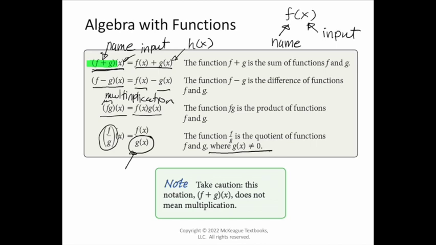Just like when we're adding or subtracting, multiplying, or dividing with numerical values, f plus g, that new function, is commutative. So if I put in f plus g and I add them together, that's going to give me the same function as if I add g first, g plus f.